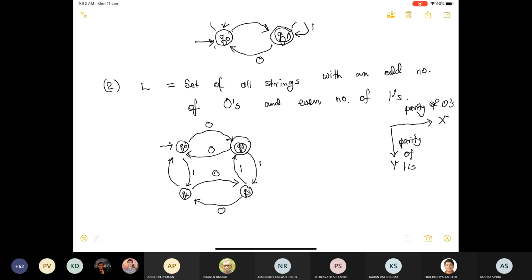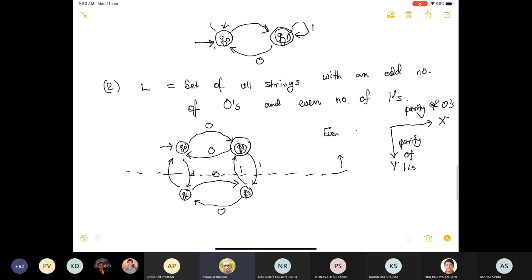Right? And intuitively, that is correct, because if you think of a dotted line this way, then above the line is even number of ones. Sorry, even ones.